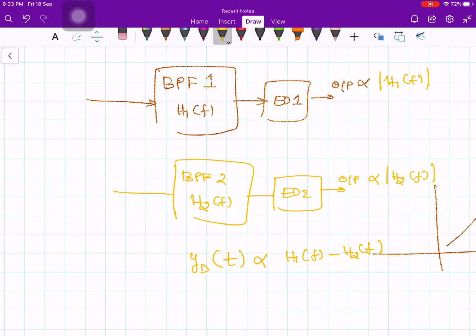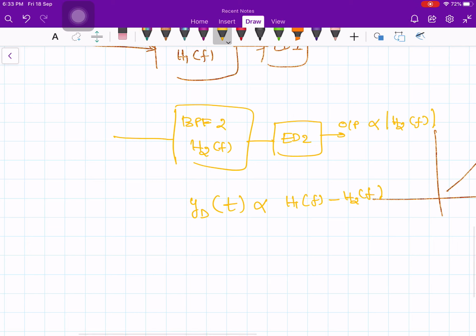What we wanted is to subtract the magnitude of H1 of f and the magnitude of H2 of f. We would like to subtract the magnitudes, not the signals themselves. We want the two magnitudes of the frequency responses of the filters to be subtracted from each other.